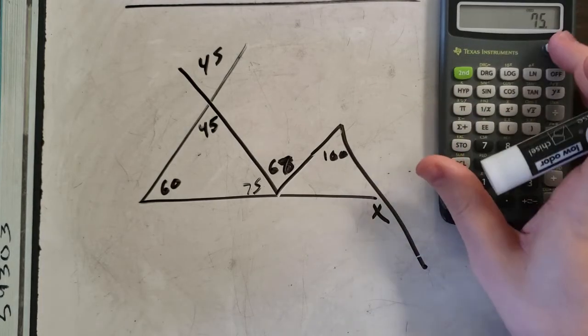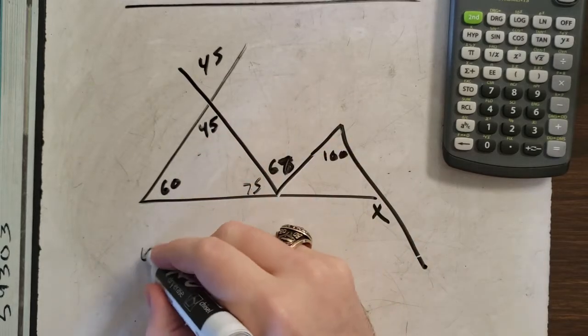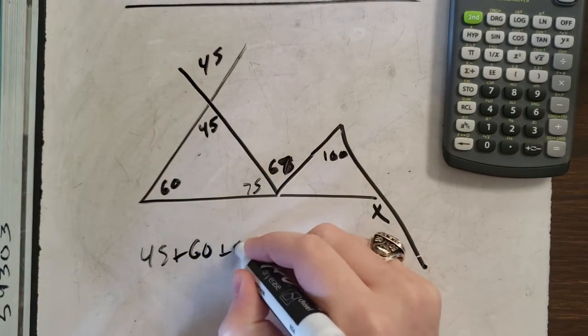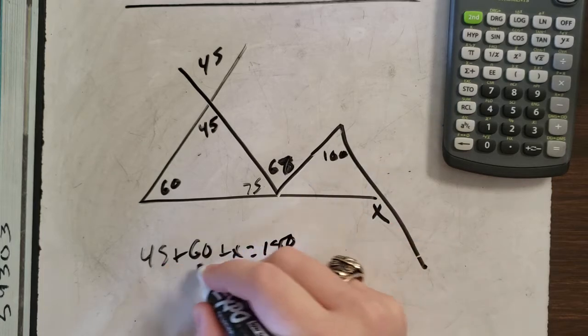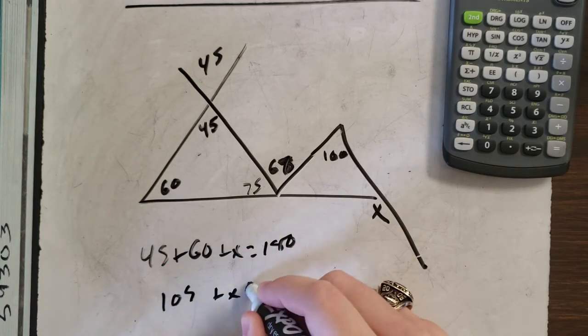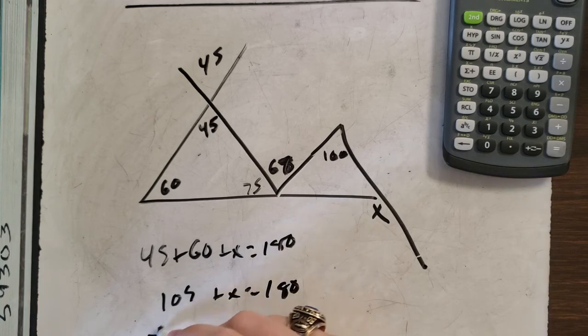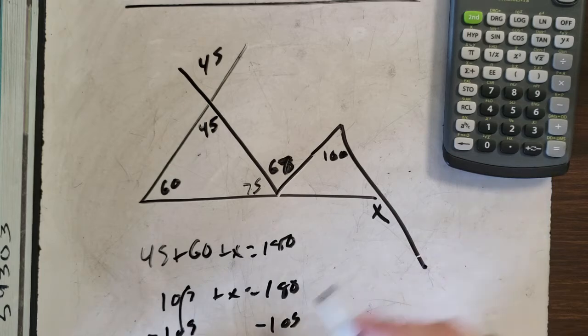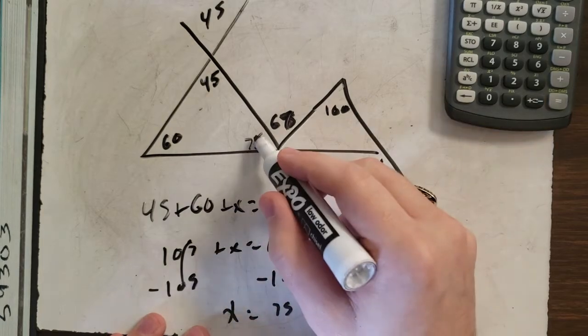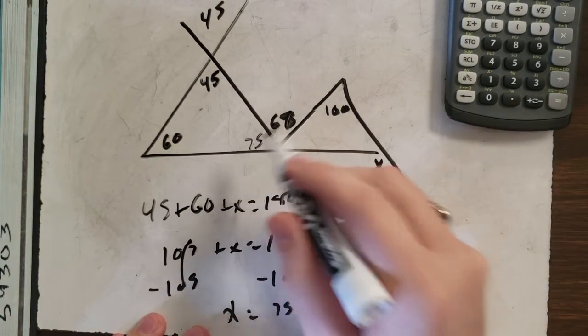Just to write it out for you: 45 plus 60 plus x equals 180. Add them up to get 105, and then 180 minus 105, x equals 75. Now it's not this one, it's this one to go here, not here.